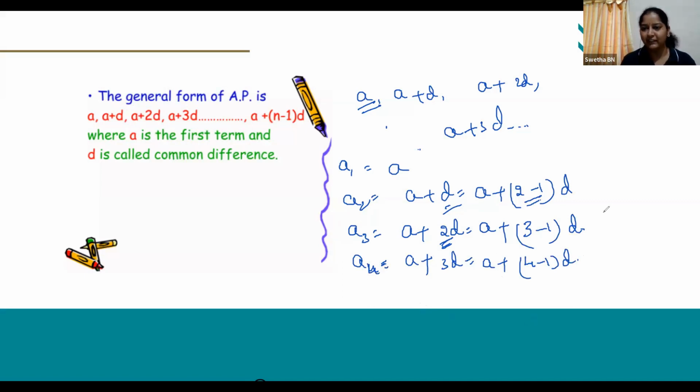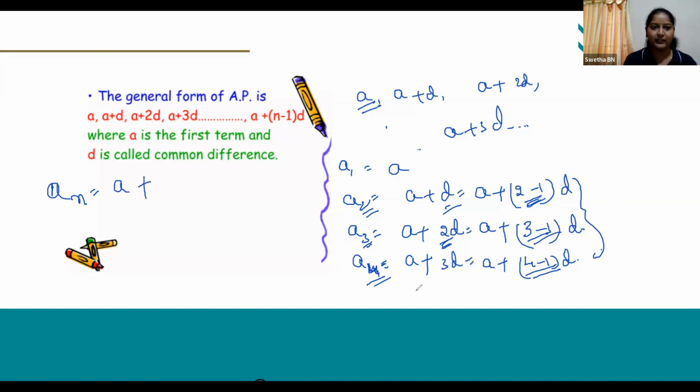Okay. If you see all this, how can we write An? An is equal to, you will write A as it is, plus. When it is 4, if you are finding the fourth term, that is 4 minus 1. When it is 3, 3 minus 1. When it is 2, 2 minus 1.